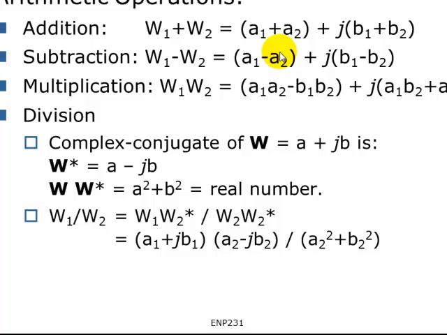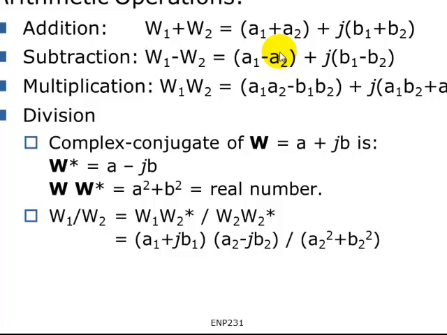Then it turns out always that the complex number times its complex conjugate is equal to a real number, the cross terms cancel, and you end up with A squared plus B squared, which is always a real number. Notice that that is actually the square of the hypotenuse if A and B were two right angle sides of a triangle, as we saw in the previous slide.